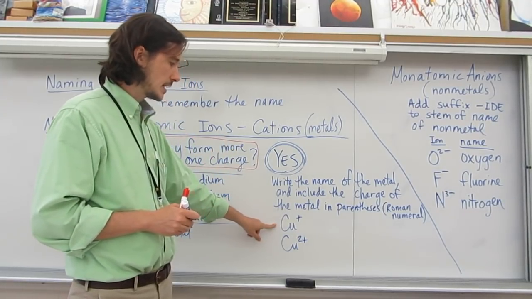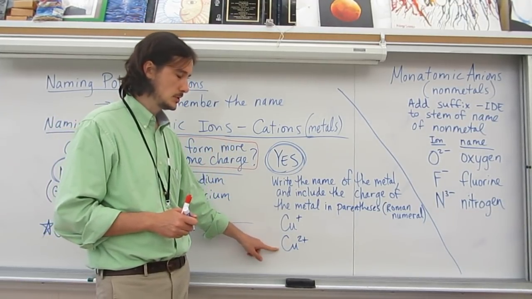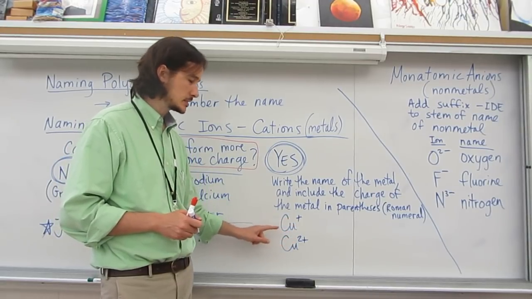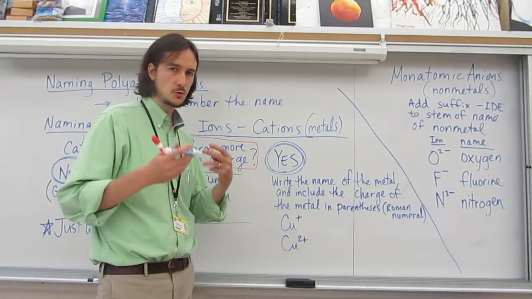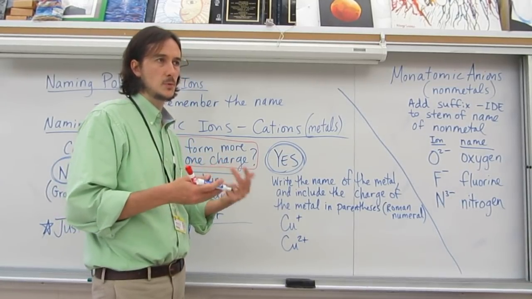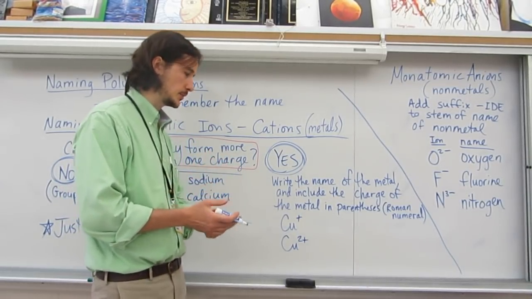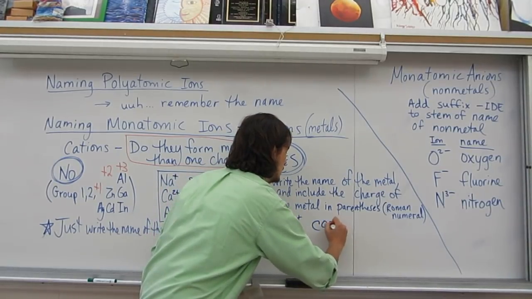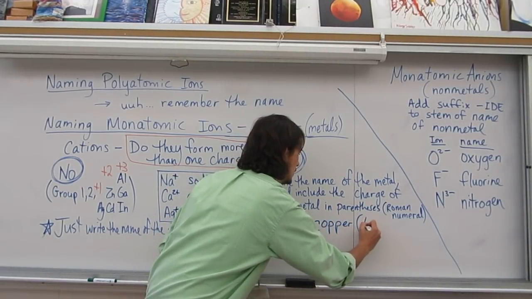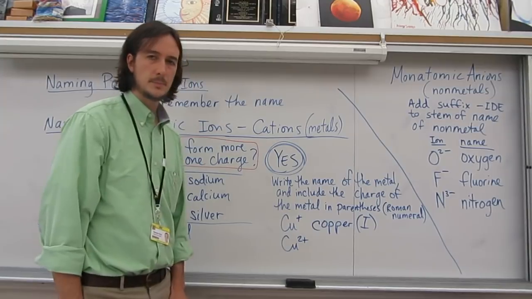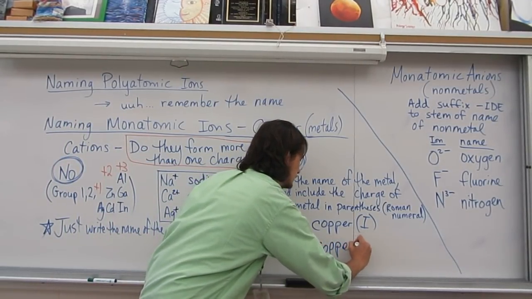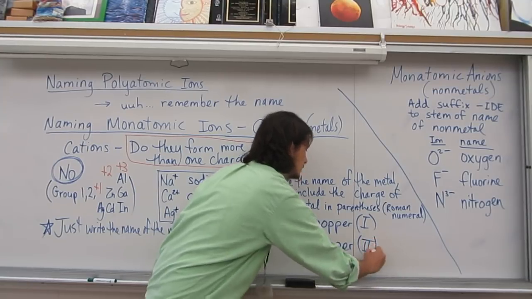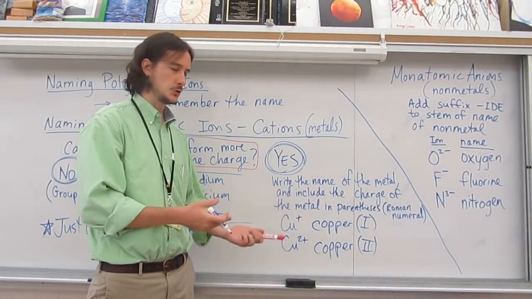So for example, this is copper 1+ and this is copper 2+, and copper forms both of these charges. So if I just wrote copper, someone wouldn't know if I was talking about copper 1 or copper 2. So it's copper and in parentheses a 1. Copper and then in parentheses a 2.